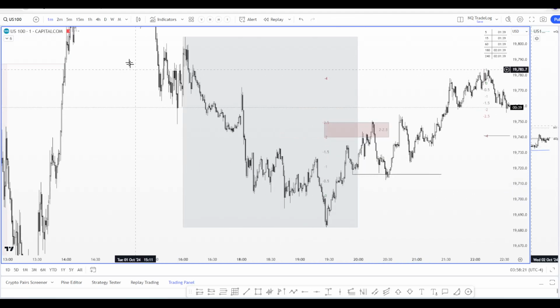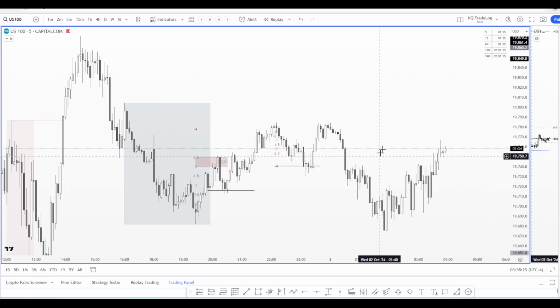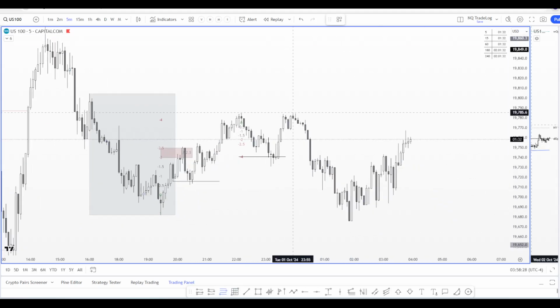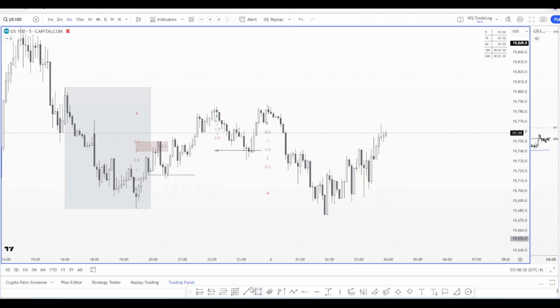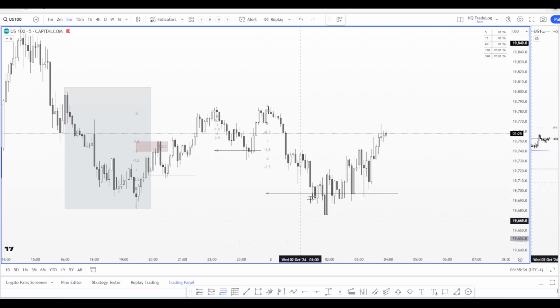And it doesn't matter what asset it is. It will work exactly the same. See here, way overextended. Start pulling up.